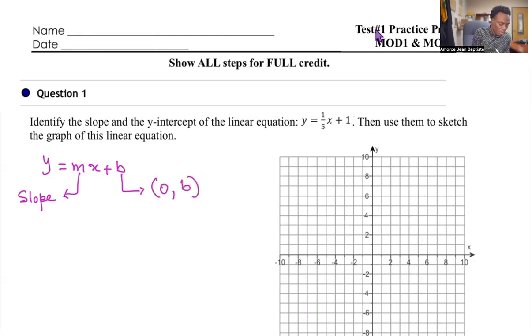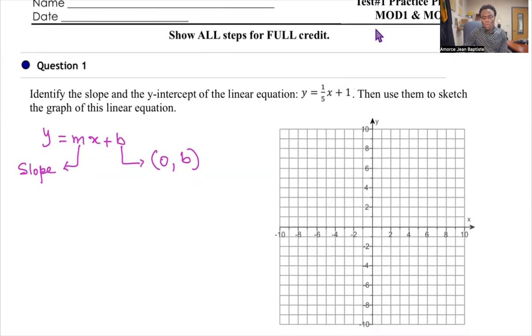Well, some people say just b, but I don't like to say b because b would be the y value of the y-intercept, but it's not the actual y-intercept because the y-intercept would be an ordered pair, which is a point of this coordinate system.